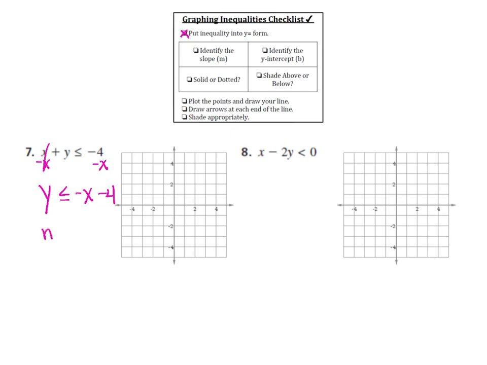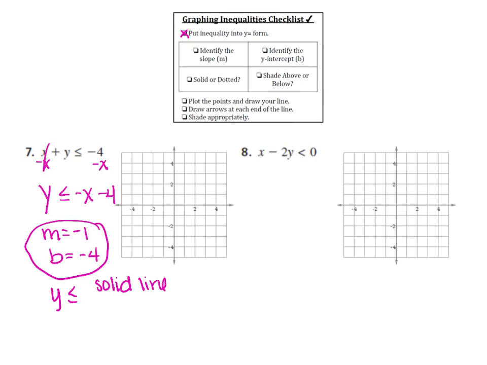Right, so m is -1 and b is -4. Because it's y is less than or equal to, that tells me that I need a solid line, because it's or equal to, and I shade below that line because it's less than or equal to.